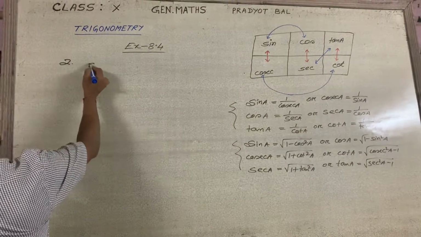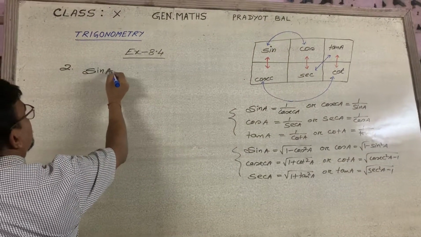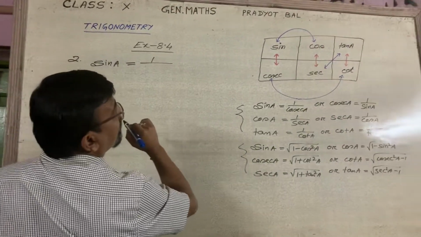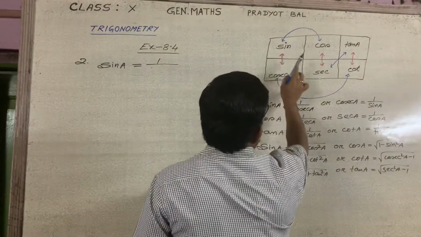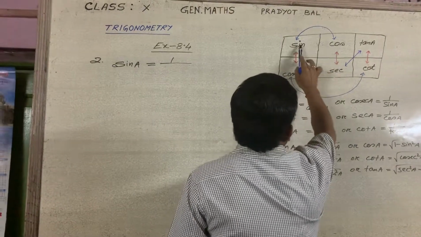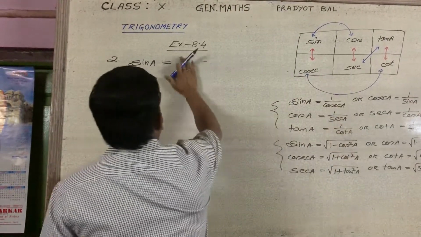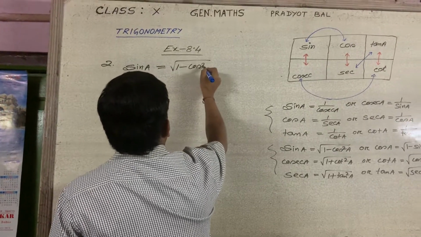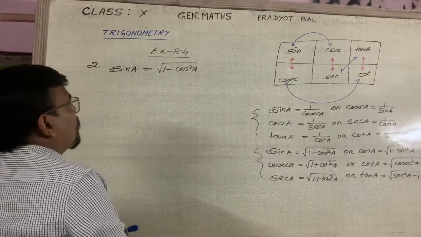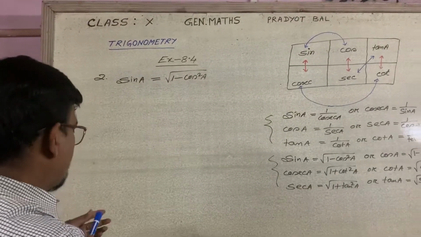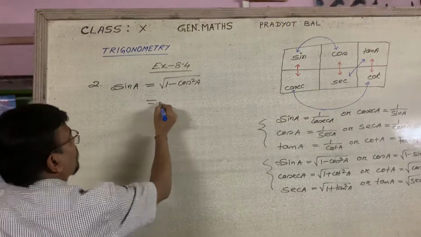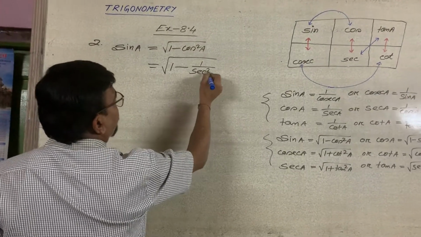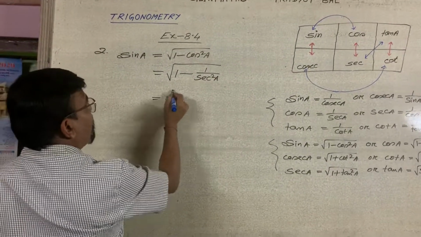First, sine A. Sine A should be expressed as cos. So what is the easier way? Sine to cos, then cos to sec. So we shall write sine A is equal to root over 1 minus cos square A. Now cos can be expressed as 1 by sec, so root over 1 minus 1 by sec square A. Now take LCM.